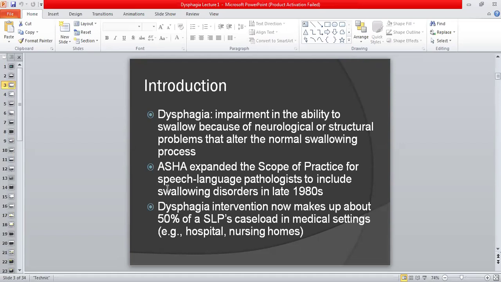ASHA, the American Speech-Language-Hearing Association, has added this as a role of speech language therapists and pathologists so that they can manage speech language disorders along with the swallowing conditions that arise from a number of reasons.